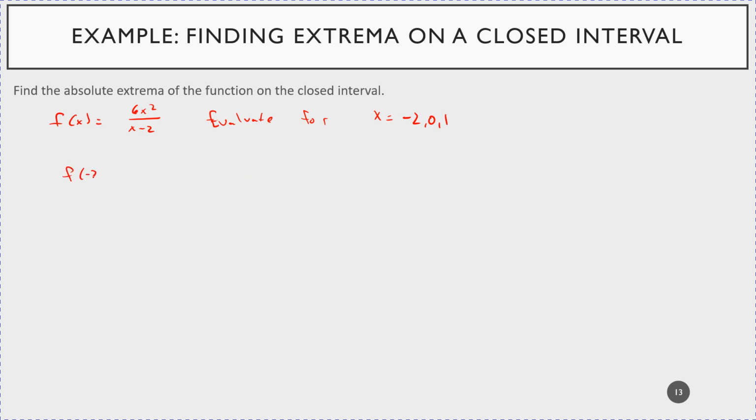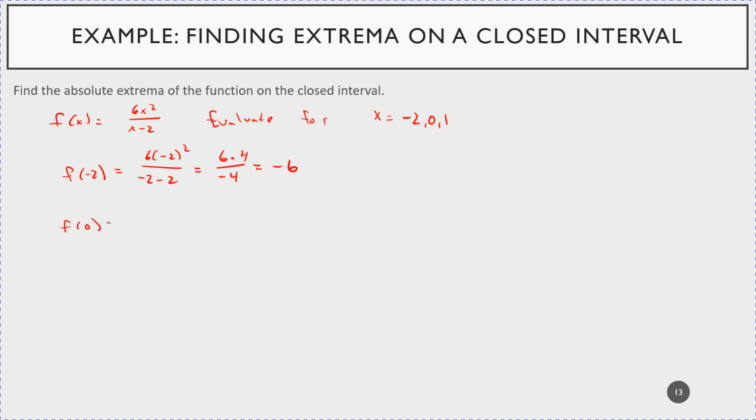So f of -2. This becomes 6 times -2 squared all over -2 minus 2. Well, this becomes 6 times 4 all over -4. Well, the 4's cancel here, and you're just left with -6.